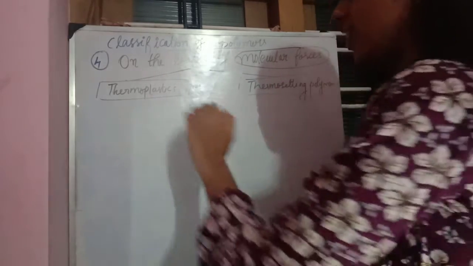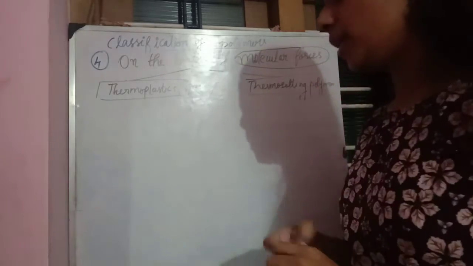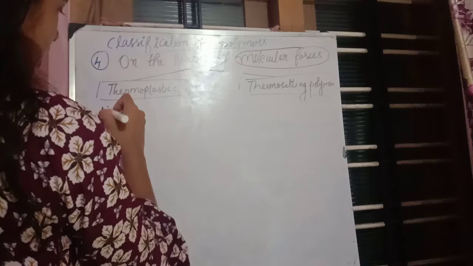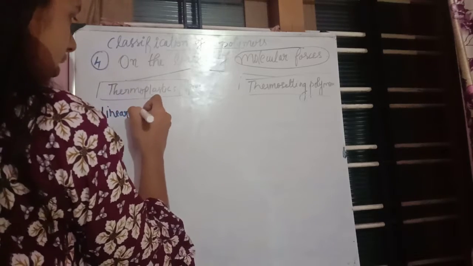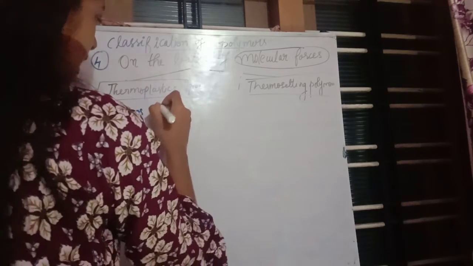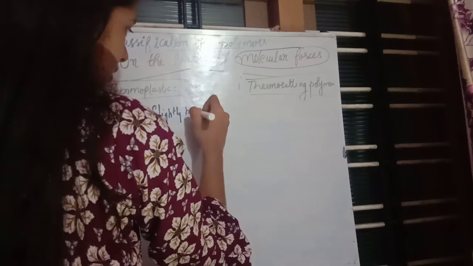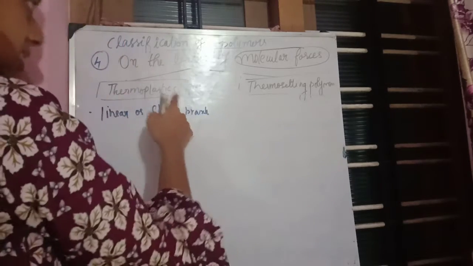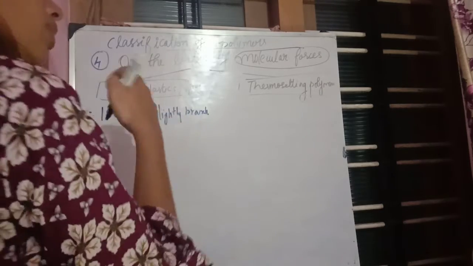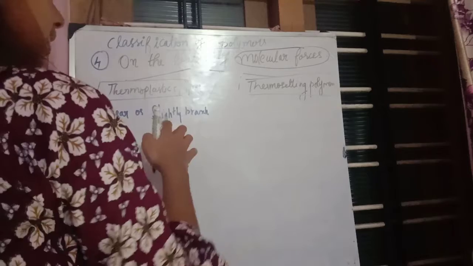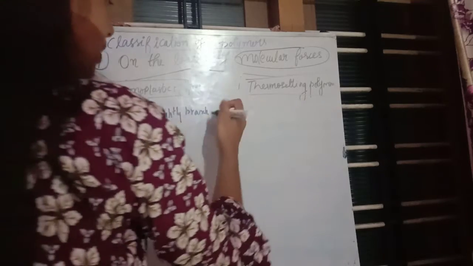If I talk about the thermoplastic polymers, they are linear or slightly branched polymers. Most thermoplastic polymers are linear, or sometimes they can also be slightly branched ones.